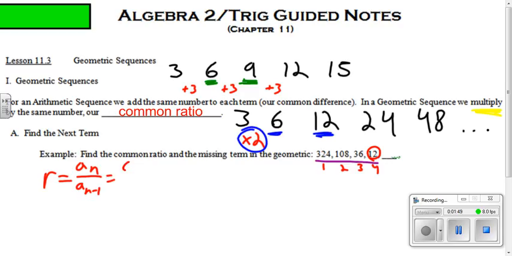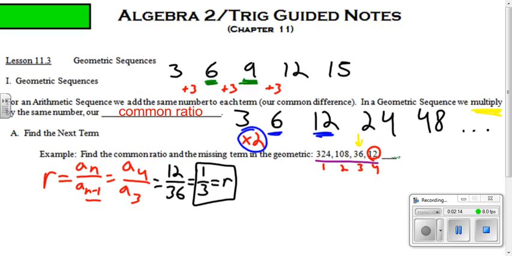So we'd say a sub 4 over a sub 4 minus 1, which is a sub 3, our 36 right here. So 12 over 36 is going to be my common ratio. 12 over 36 reduces down to 1/3. So 1/3 is my common ratio r.